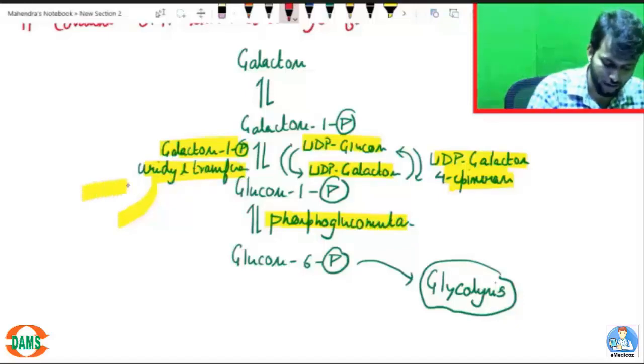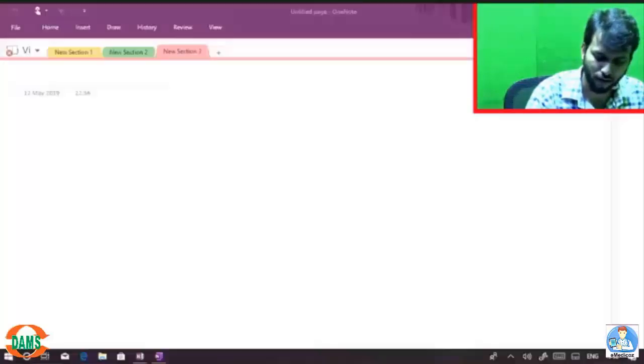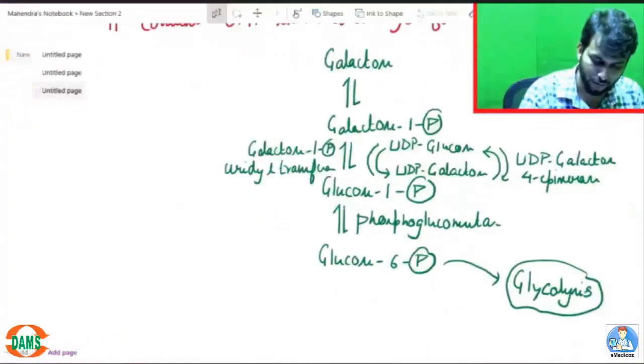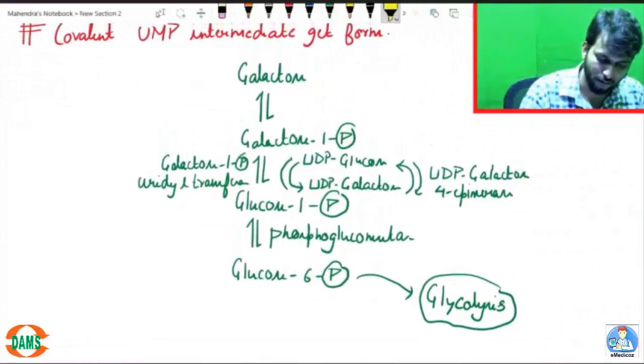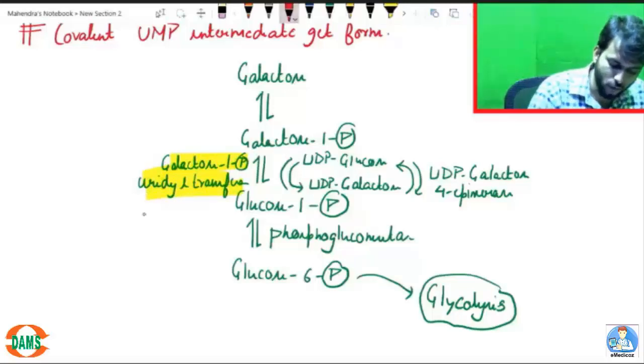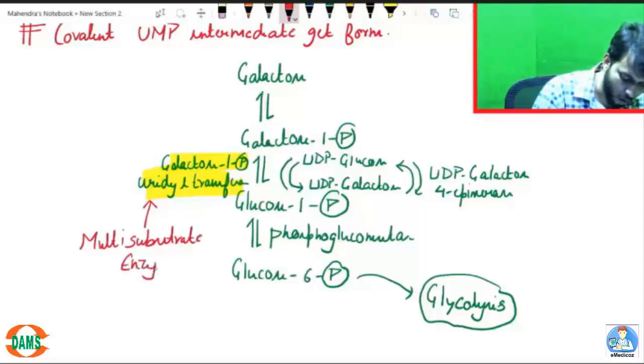The multi-substrate enzyme here is galactose 1 phosphate uridyl transferase, which acts as a multi-substrate enzyme that operates by the ping pong mechanism.